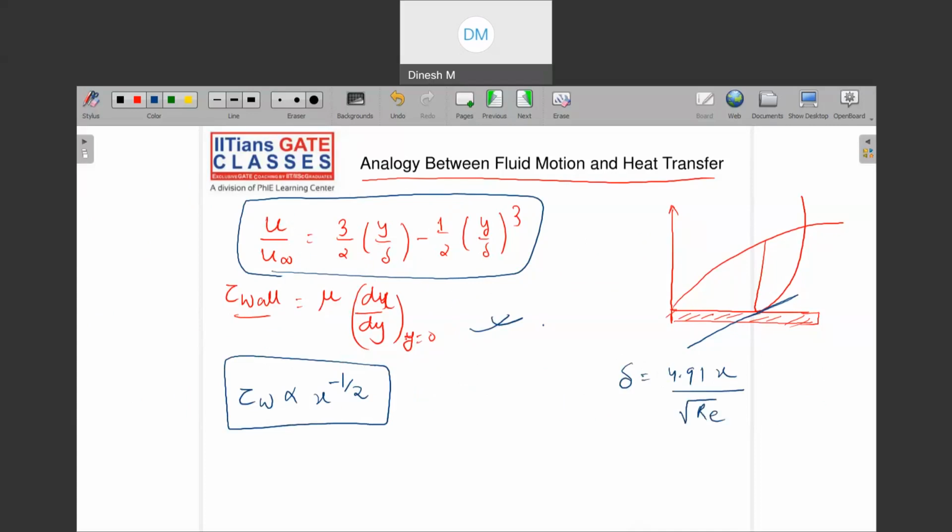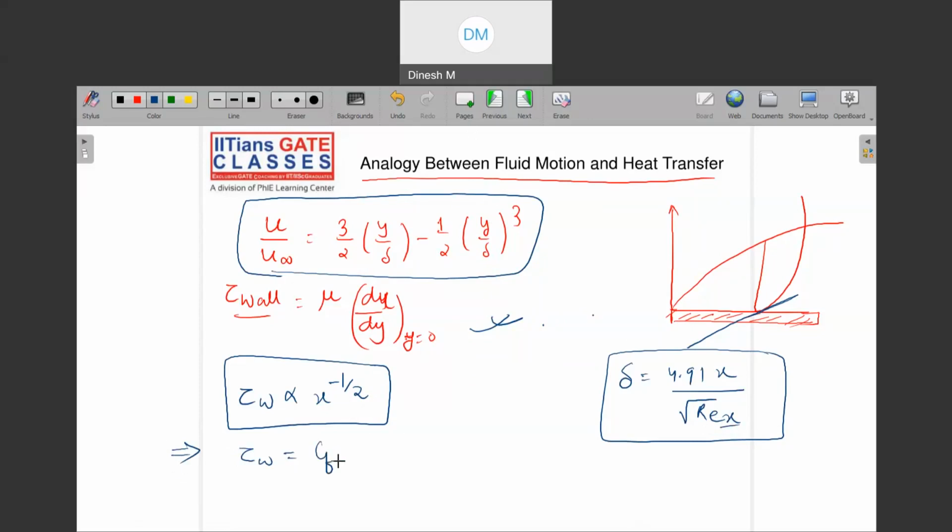Why? Because I am trying to find out these things with respect to laminar flow only. And why are we analyzing laminar flow? Because laminar flow is easy to understand and analyze. Now, we also know the shear stress at the wall in terms of the skin friction coefficient.